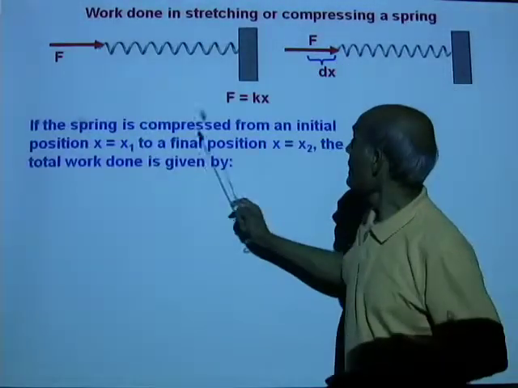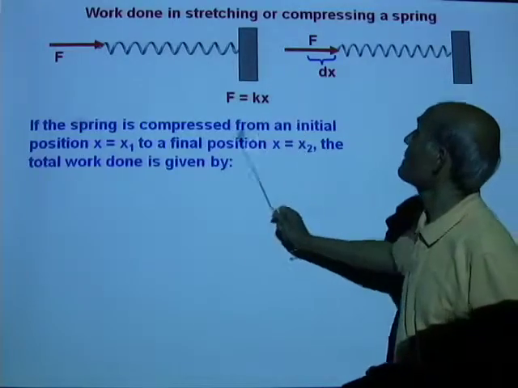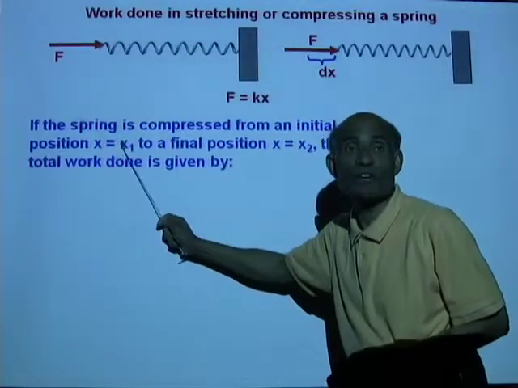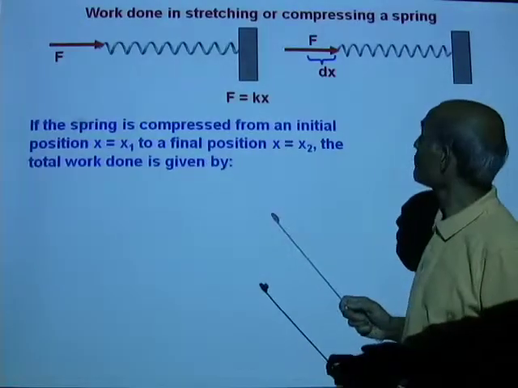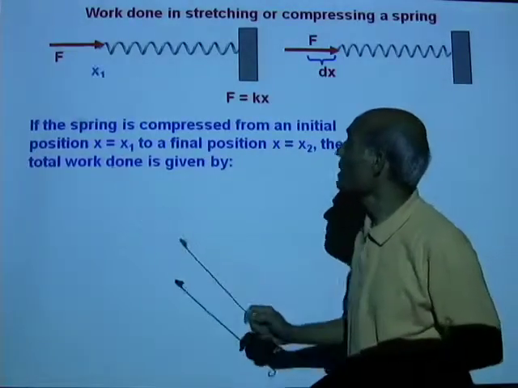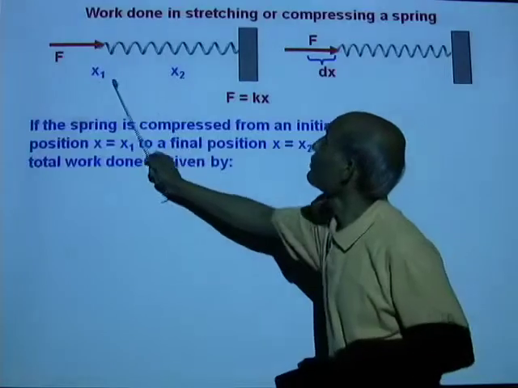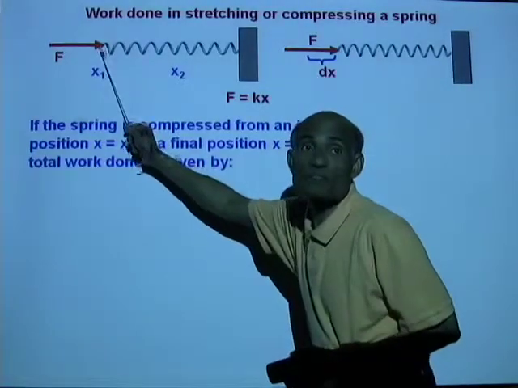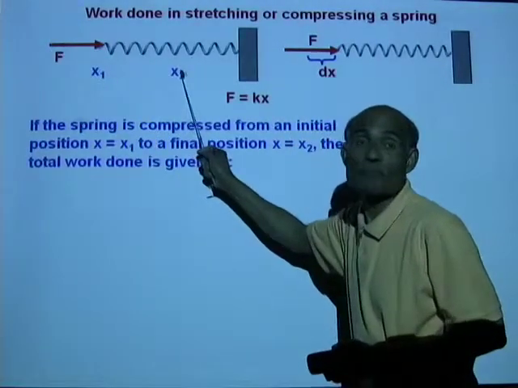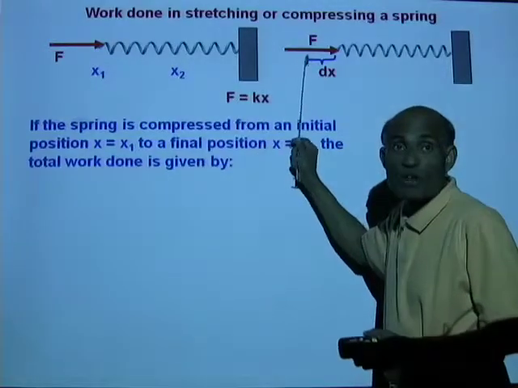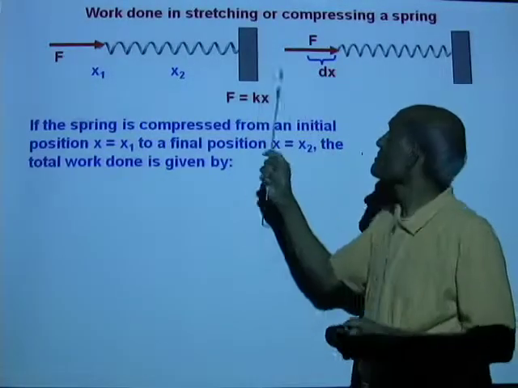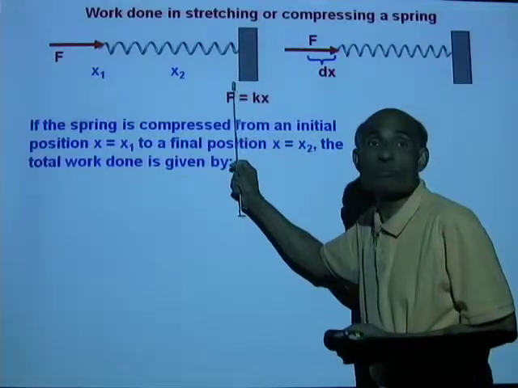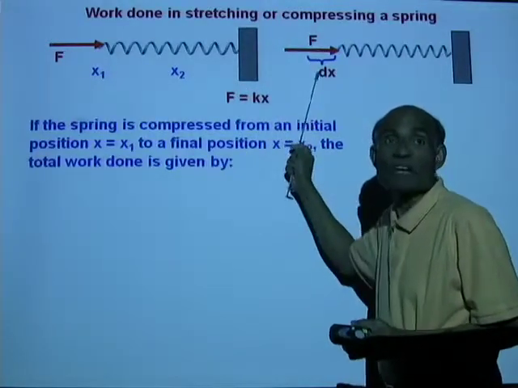Alright, now if the spring is compressed from an initial position x equals x1 to a final position x equals x2, then the total work done, so the spring is compressed from here to here. And remember, to compress the spring by a very small displacement dx, the work done will be F dx.